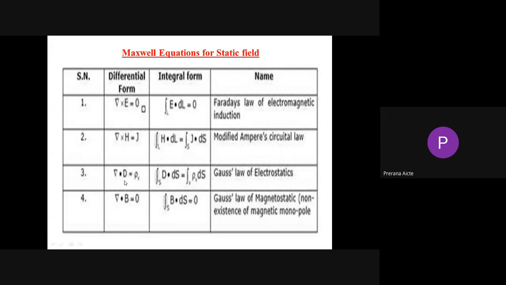Similarly, del dot D is equal to rho v and del dot B is equal to 0, same as in the time varying field. These are defined for different mediums, like conducting or dielectric mediums.